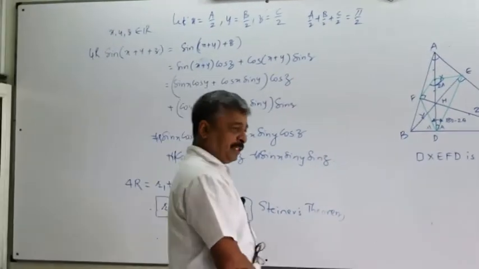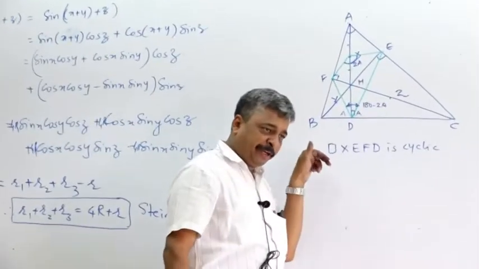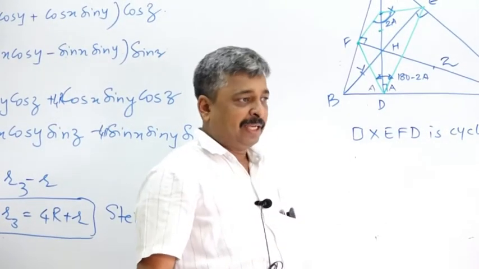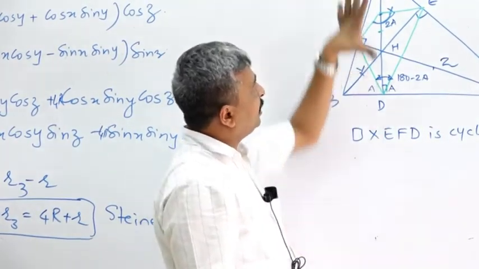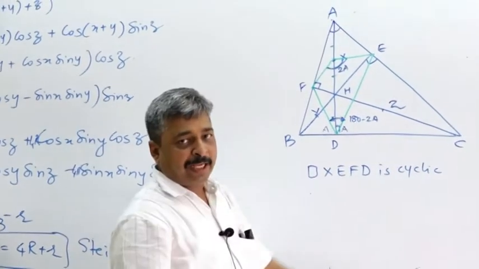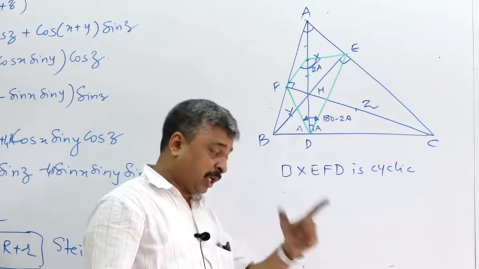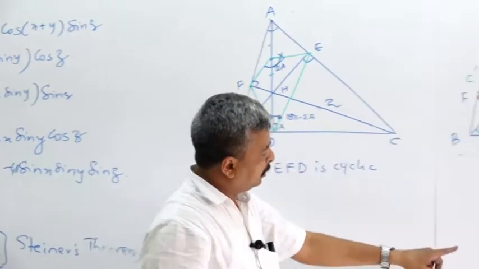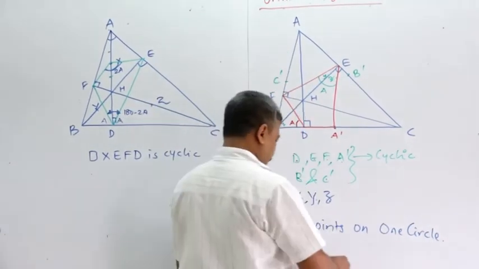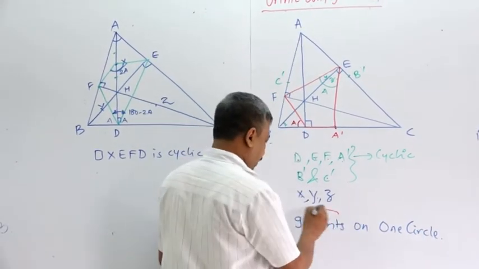Which are those points? They are feet of perpendiculars, feet of altitudes, midpoints of the sides, and midpoints of the segments joining vertex with orthocenter. These 9 points belong to a common circle called the 9-point circle. 9 points on one circle, and hence it is called the 9-point circle.